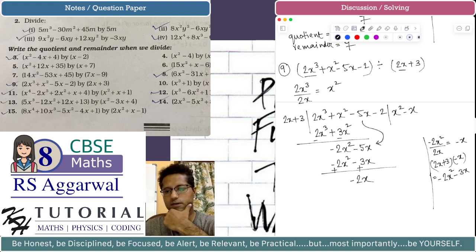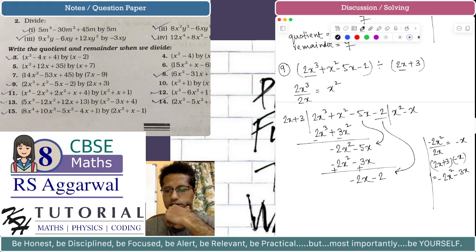Now we see that the degree of the remainder minus 2x is 1, and the degree of the divisor is also 1. So still we have to continue with the division process. Now there is one more term left in the dividend, which is minus 2, that needs to be appended to the remainder, and we get minus 2x minus 2 as the current dividend.